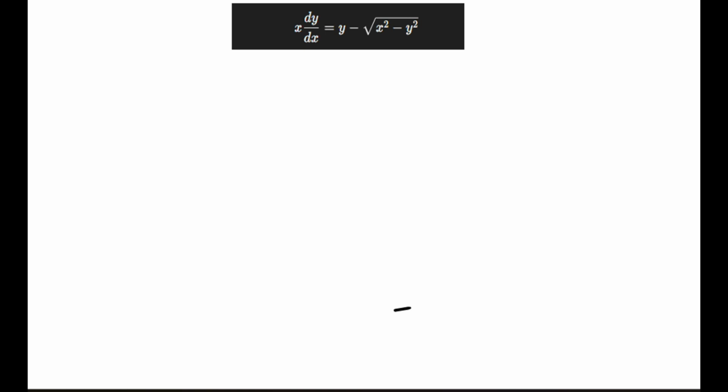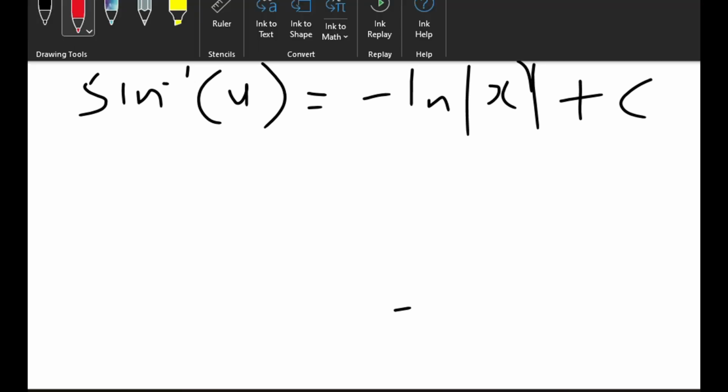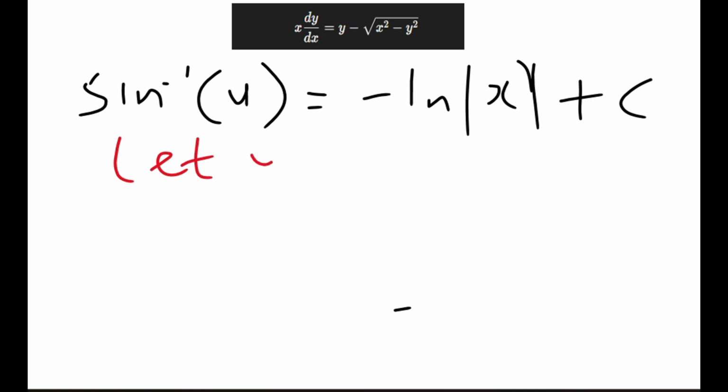So rewriting the expression, we are going to get sine inverse of u is equal to minus ln of x. Don't forget, when you integrate 1 over x, you get ln of x, and it was negated. And always don't forget your constant. Whenever you integrate, there is a constant.